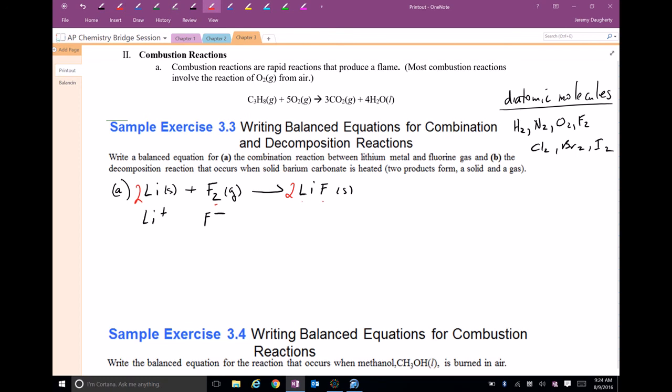The decomposition reaction that occurs when solid barium carbonate is heated. It says 2 products form, a solid and a gas. Alright, so let's see if we can figure this out. First of all, what is the formula for barium carbonate?